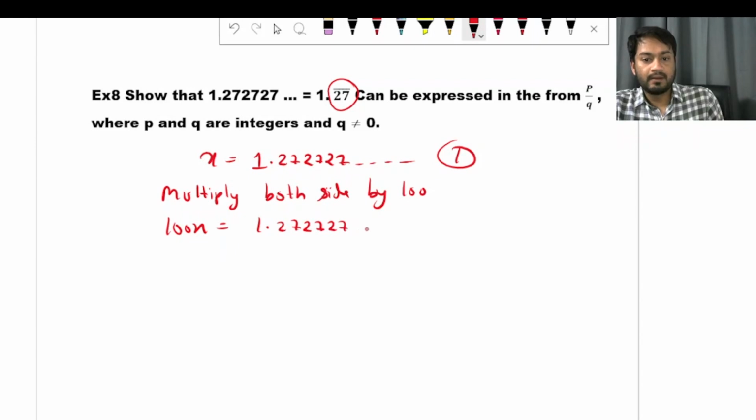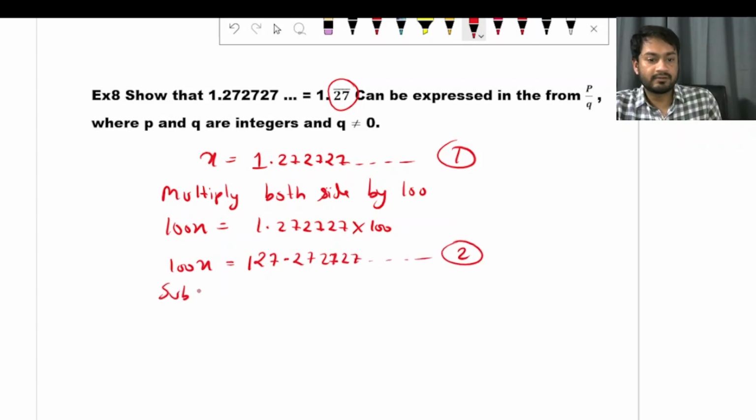1.272727 multiplied by 100. So what will it become? 100x is equal to, now if you multiply by 100, the decimal is shifted two places, so it is 127.272727 dash dash dash. This is the second equation.